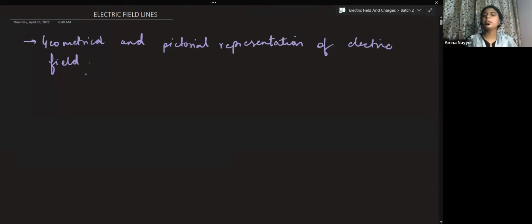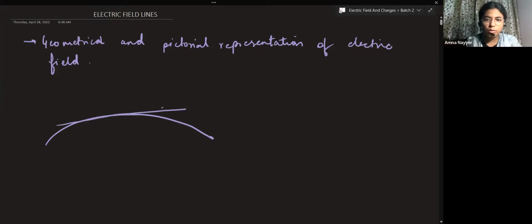So geometrical and pictorial representation of electric field is known as electric field line. Basically these are continuous curves, and the direction of the electric field is given through a tangent drawn. This is the direction of electric field and this is what is meant by electric field lines.